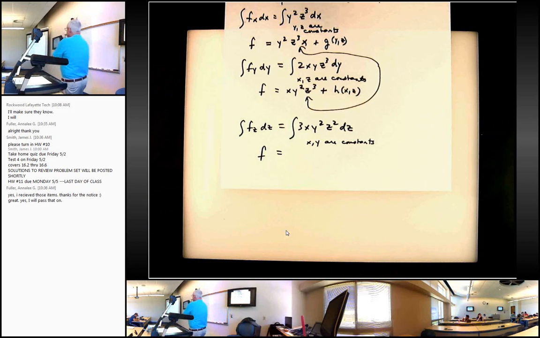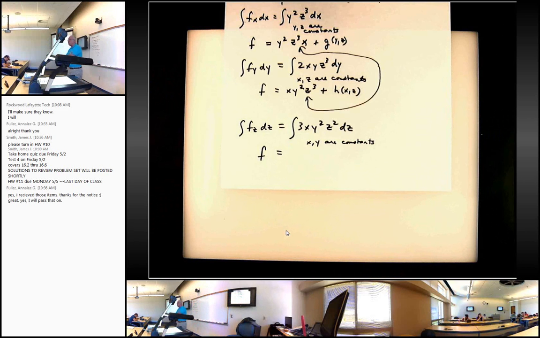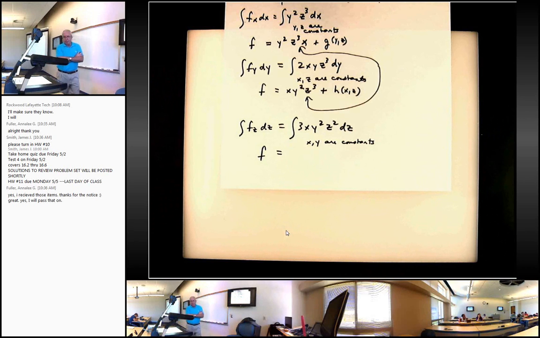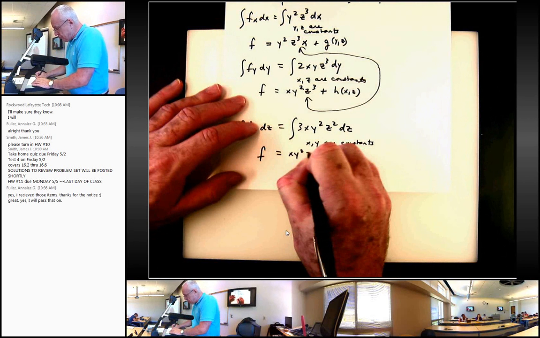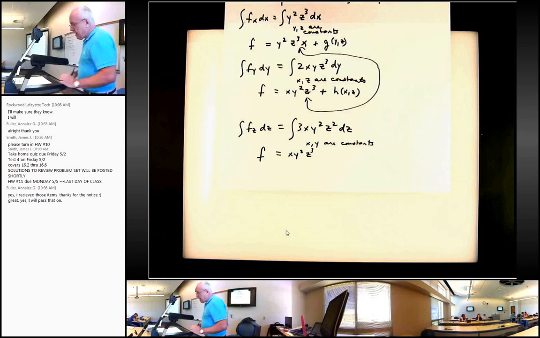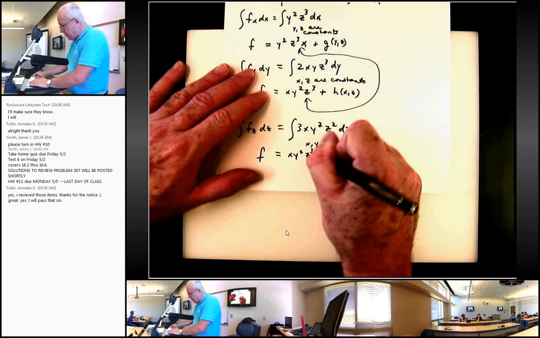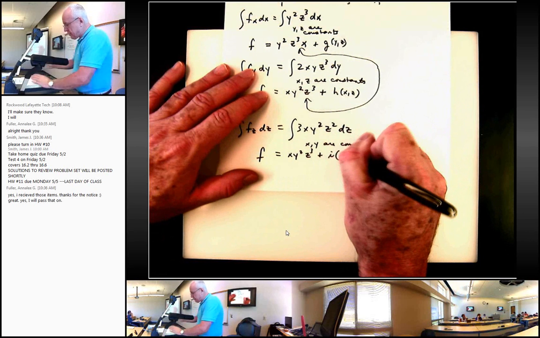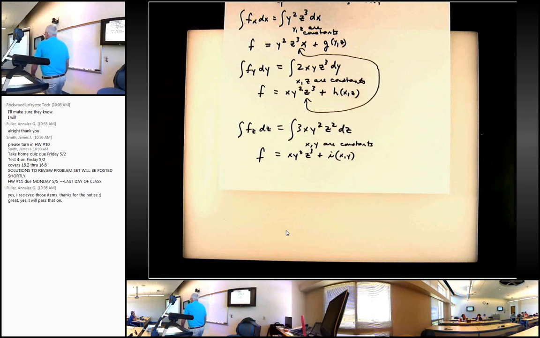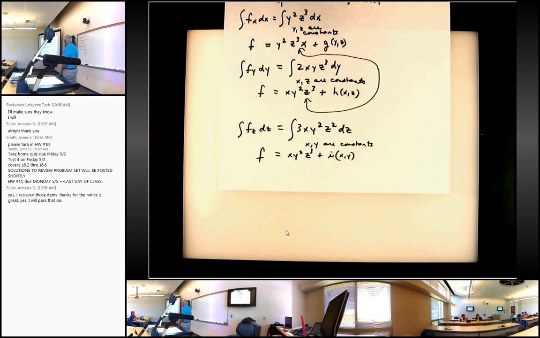And so z is my only variable. Its antiderivative is going to be z to the third over 3, but now my 3's are going to cancel out. So I'm going to be left with xy squared z to the third. And then again, it's possible we could have some function, I'll call it I, of just x and y. Now, as it turns out, we really don't.